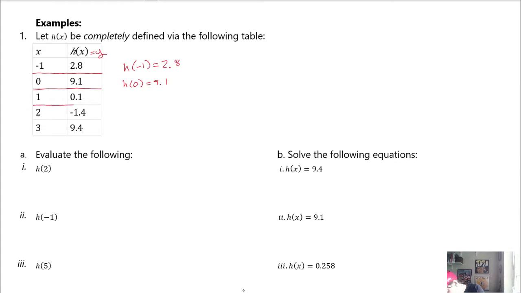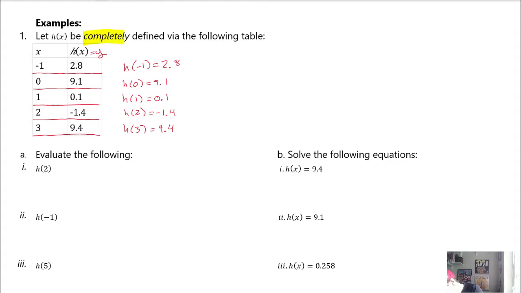The third row says that when x is 1, if I plug 1 into h, then the output is 0.1. If x is 2 in the fourth row, h of 2, the output should be -1.4. And then if x is 3, and we plug that into the function, the output should be 9.4.